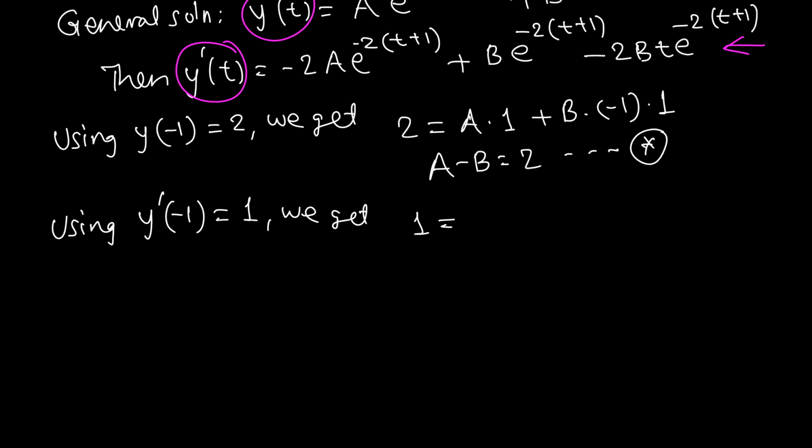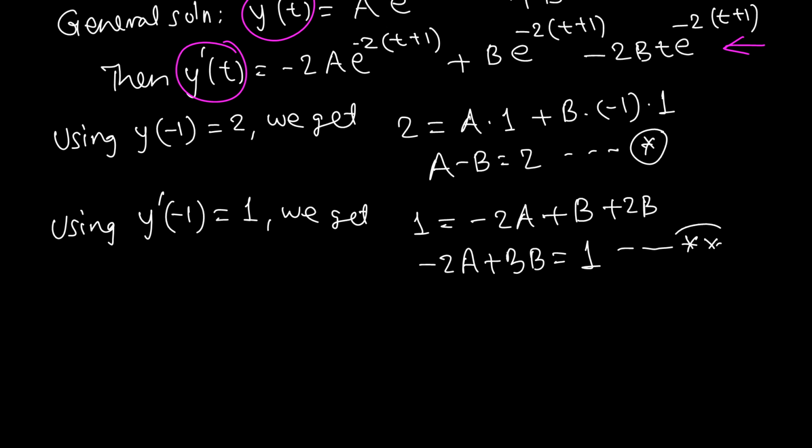So here is negative 2a times e raised to 0, because negative 1 plus 1 is 0, and e raised to 0 is 1, so just negative 2a plus b, e raised to 0 is 1, b. Here now t is negative 1, e raised to 0 is 1, so negative and minus, plus 2b, so plus 2b. That is negative 2a plus 3b on the right hand side. Negative 2a plus 3b equals 1.